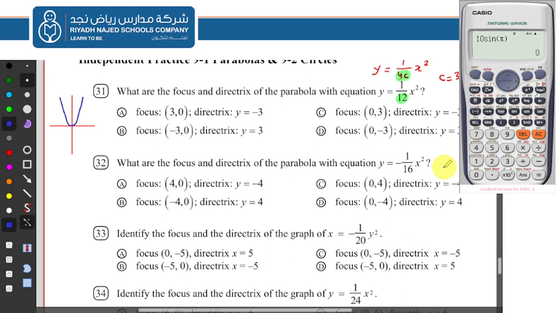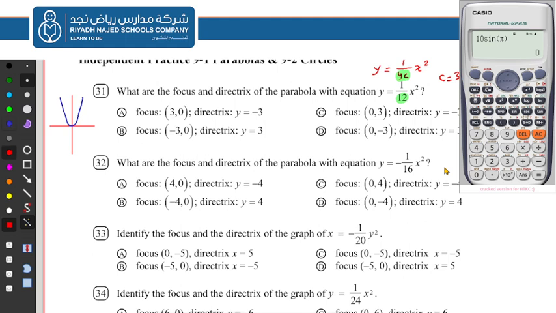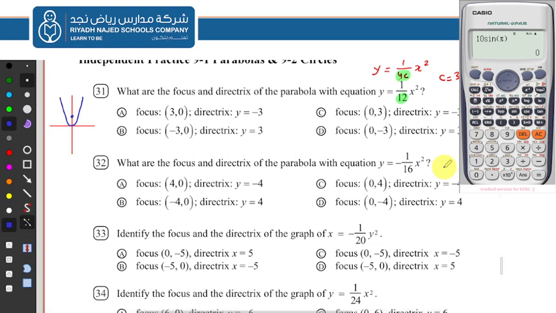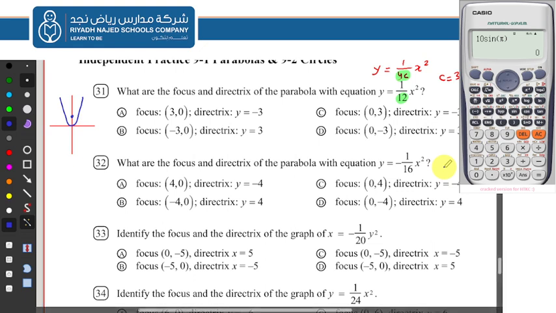So here we have this type of parabola, and the focus is necessarily here inside the graph. And since we know that c is equal to 3, the coordinates of the focus are 0, 3. This distance is 3. So the focus is 0, 3 because it lies on the y-axis, so the x coordinate is 0.